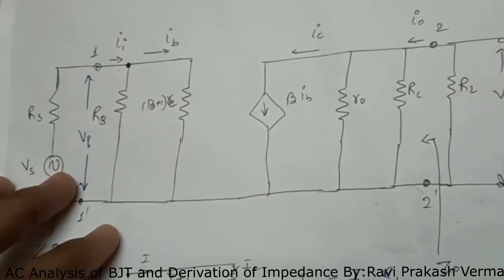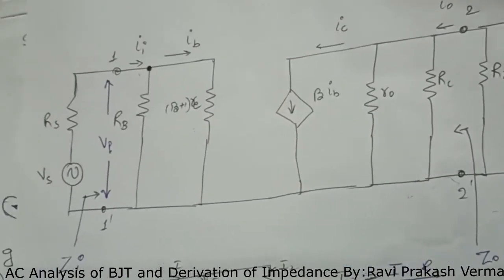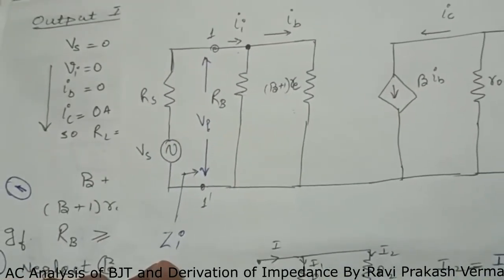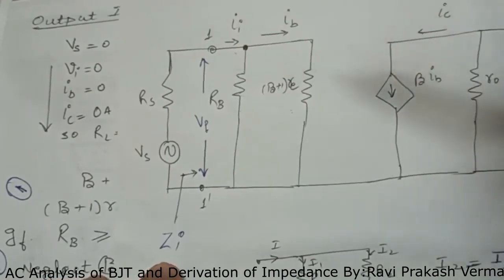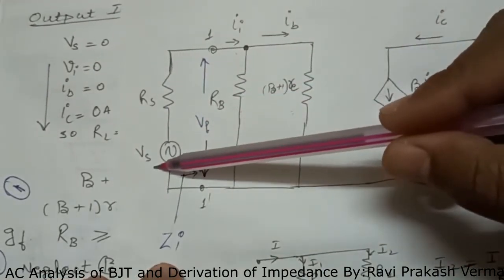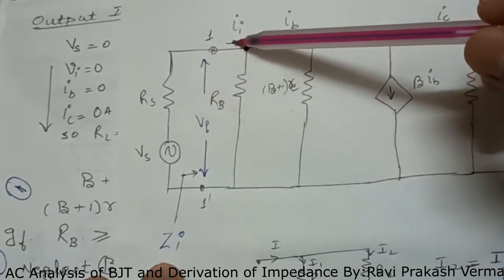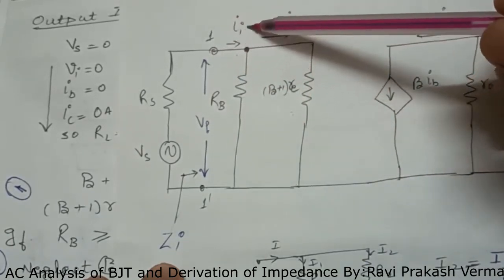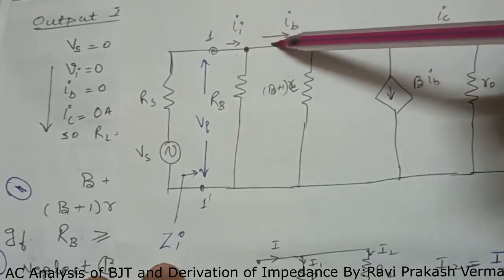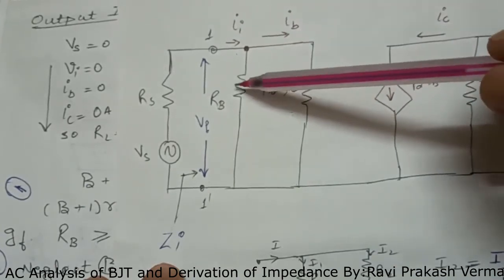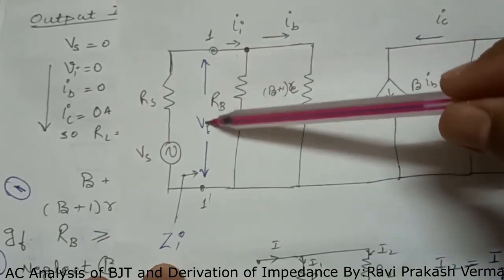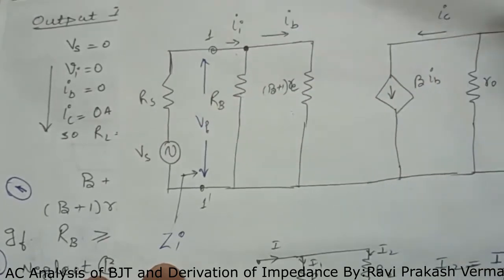If Vs is equal to 0 in this circuit, then no current passes through the input section, meaning II or IB will be 0, and the input voltage Vi is also 0.